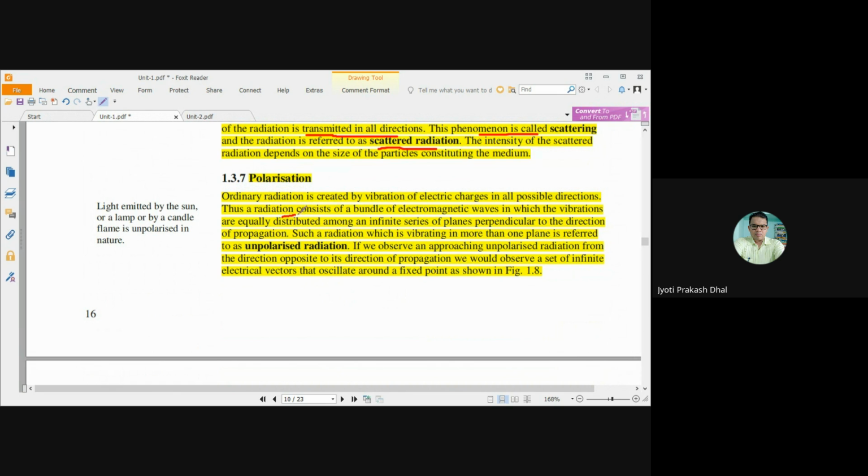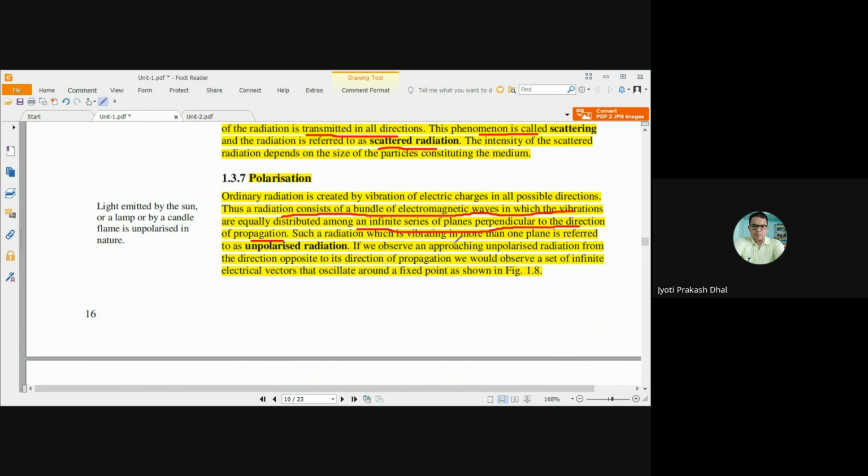Thus, a radiation consists of a bundle of electromagnetic waves in which the vibrations, or oscillations, are equally distributed among an infinite series of planes perpendicular to the direction of propagation. That means any ordinary electromagnetic radiation contains a bundle of electromagnetic waves that oscillate in all possible directions, and there will be an infinite number of planes.